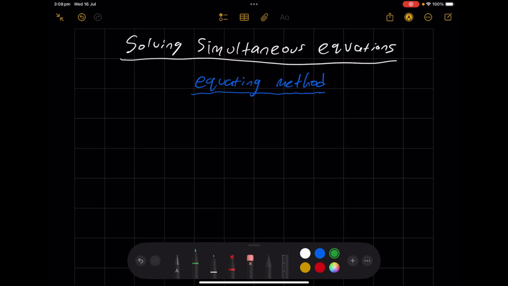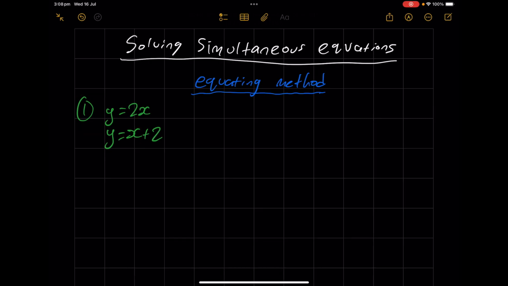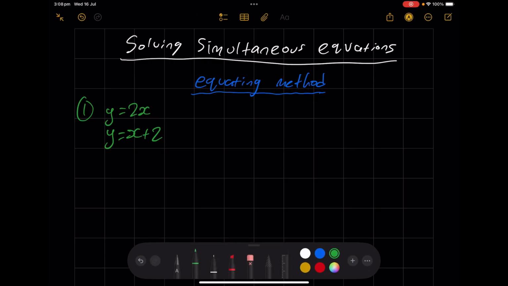For example, if I'm given a question and it goes y equals 2x and y equals x plus 2, and it asks me to solve this simultaneous equation, I know already that I want to find the point where these two are equal.